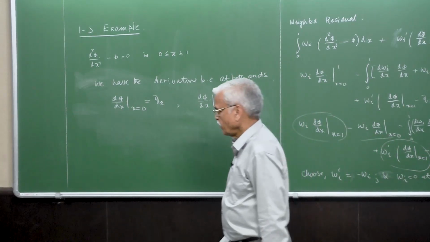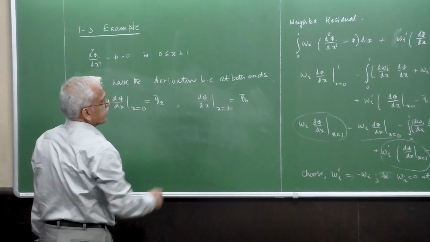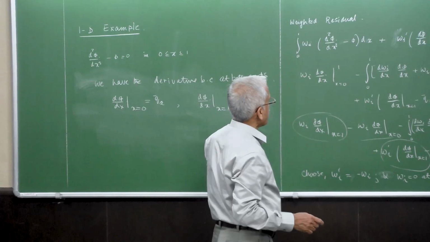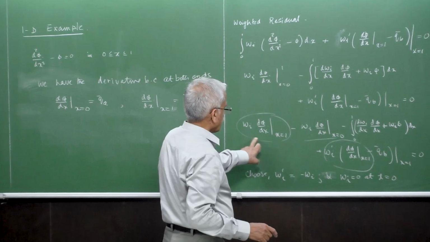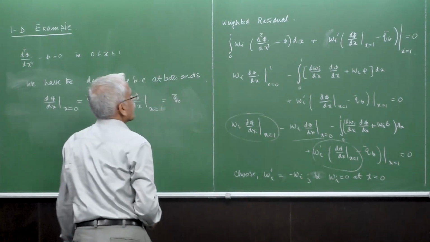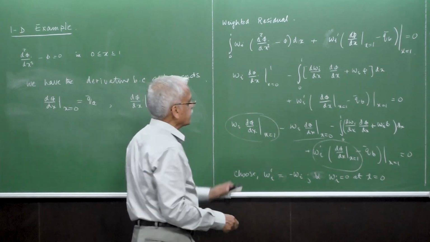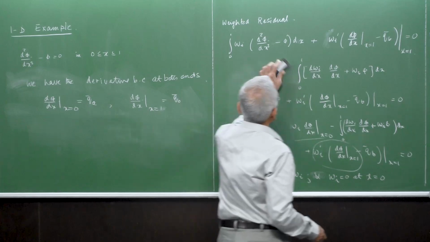Okay, so going through the weak form of these things, using the method of weighted residuals, this is what we have. So what we will have is one more term here. I will just use the same thing.